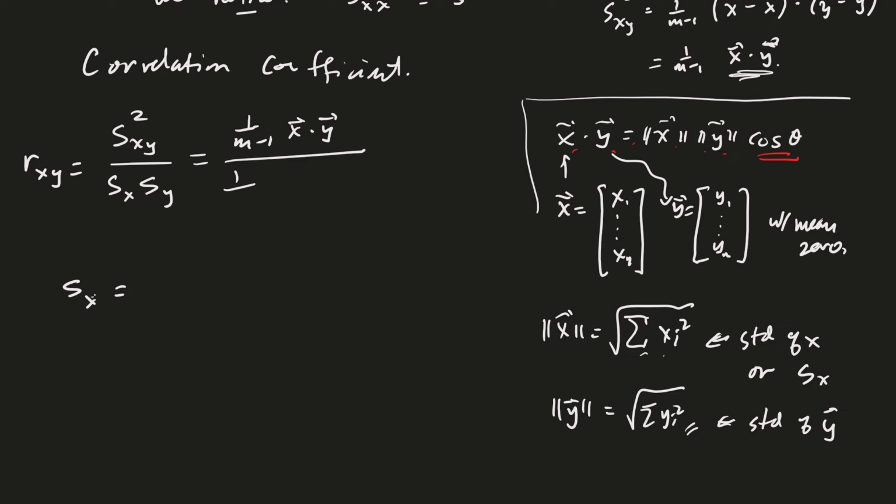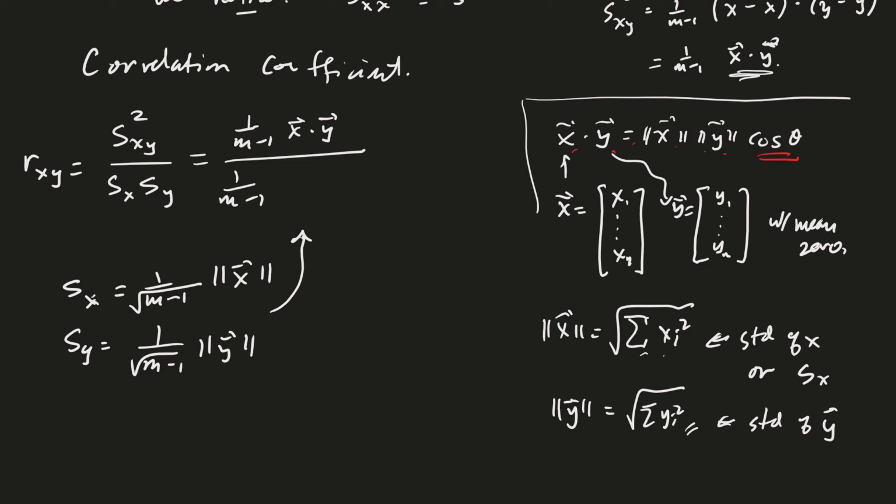S sub x is equal to 1 over the square root of m minus 1 times the magnitude of x, like this. There we go. Now I'm getting the notation that I need. And now I'll fill this in up here. Multiply those two together and you just get m minus 1. The m minus 1's cancel. That's what I wanted. And that is equal to the cosine of theta.